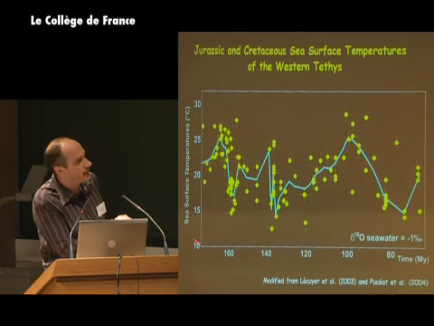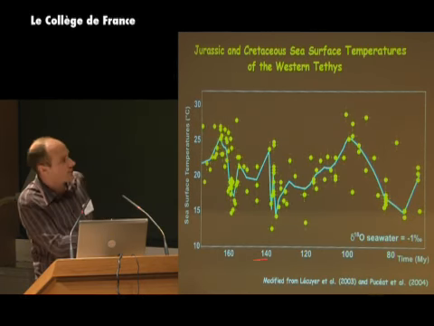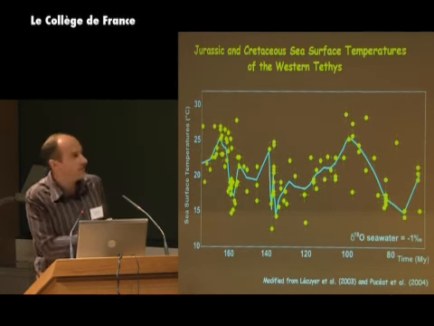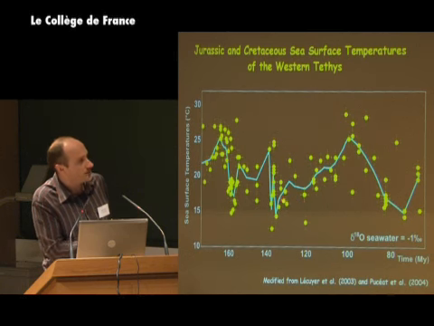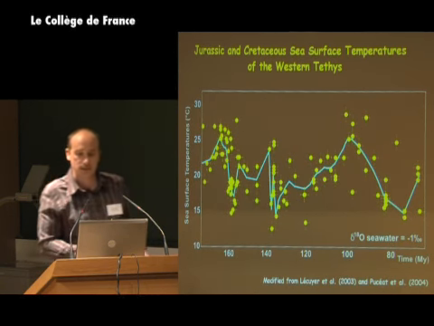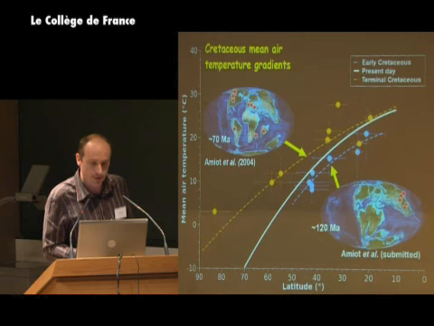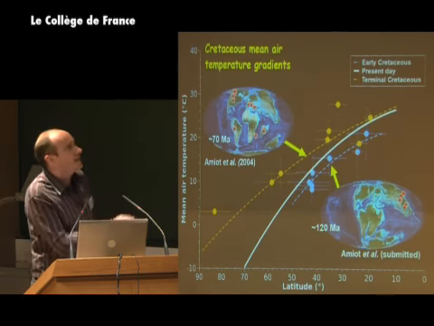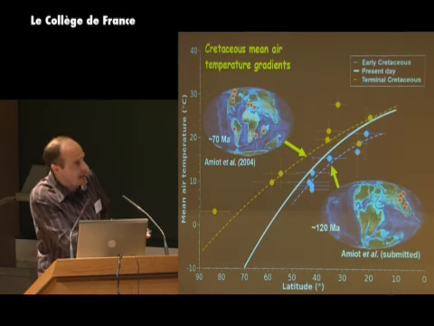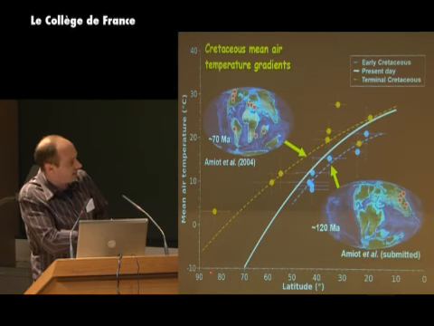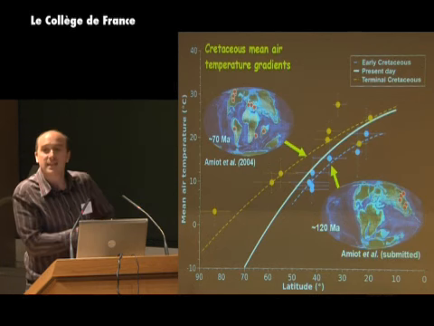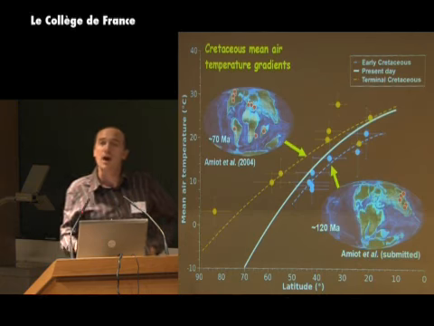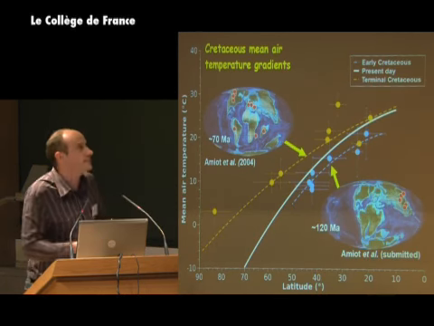And as you can see, during this part of the Jurassic and Cretaceous, you have periods of very warm climate, and also some very cold intervals. If you look at the terrestrial climates, here you have the latitude from equatorial areas to polar areas, and here mean air temperature reconstructed from the oxygen isotope composition, this time of continental vertebrates.